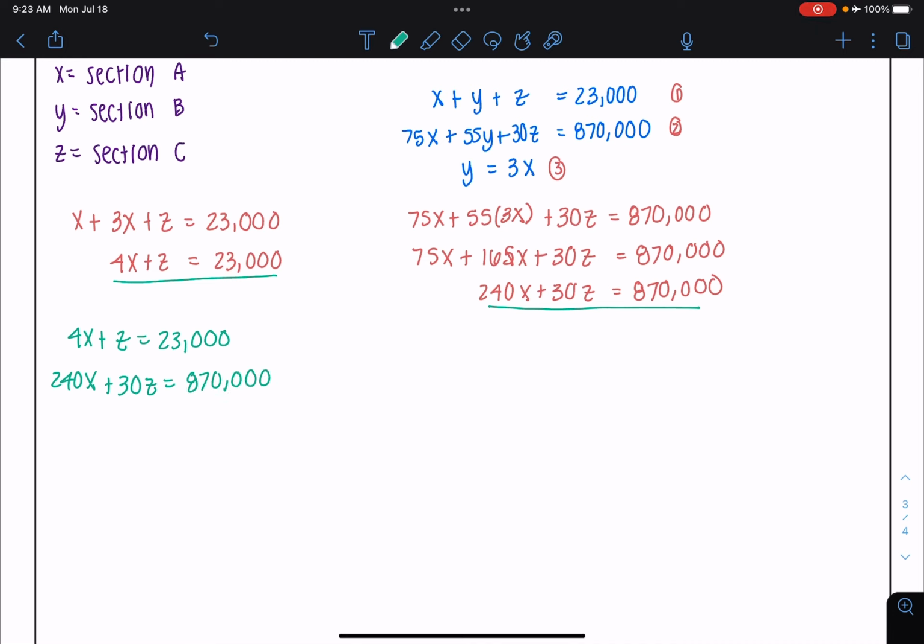Here, I'm going to go ahead and solve this by elimination, and I'm going to eliminate my Z, just since that will work with smaller numbers. So to do that, I need to multiply this top equation by negative 30. And when I do that, I get negative 120X minus 30Z is equal to negative 690,000.